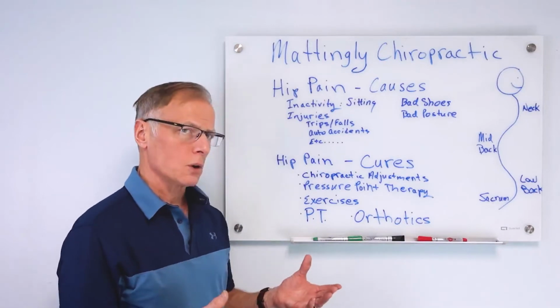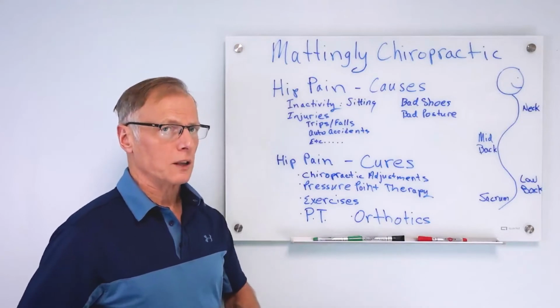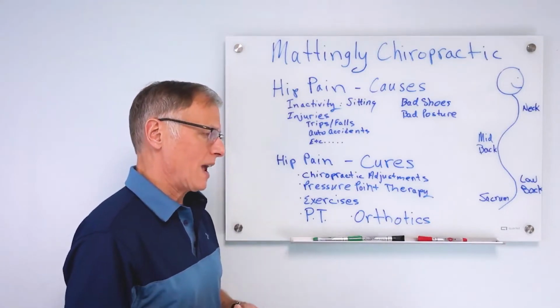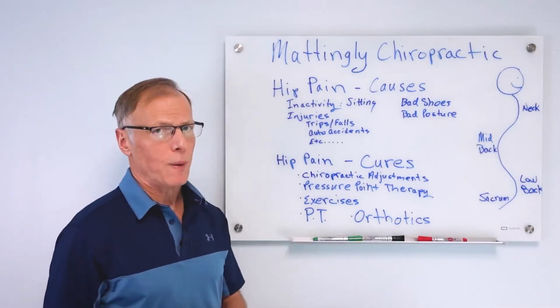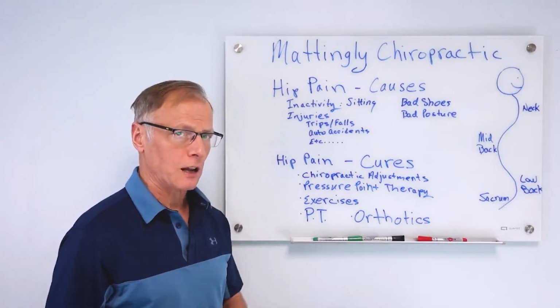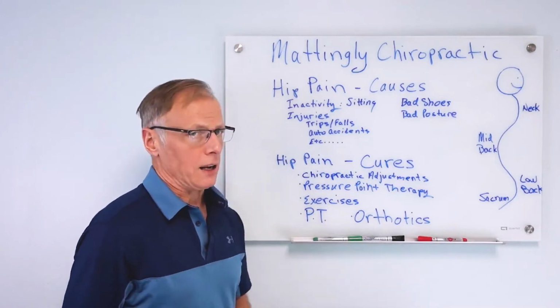You can also look on YouTube and find various core strengthening exercises that you can do. For sure with hip pain, if you're having pain, I encourage you to seek out chiropractic help and get some physical therapy. And lastly, the next thing is orthotics.